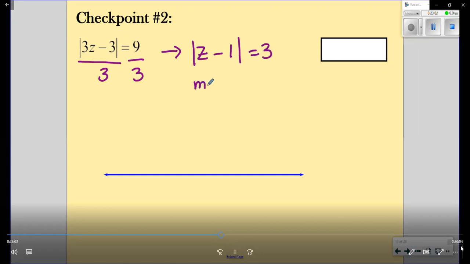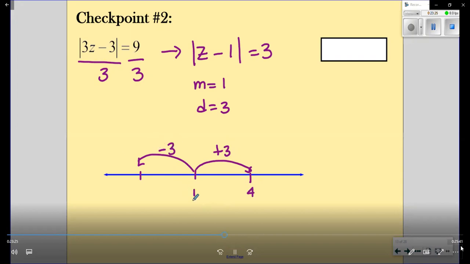So now we have our middle number, which is 1, and our distance, which is 3. So we put our m, 1. So this will be negative 3, and then this will be positive 3. So this will give us 4, and then it's 1.